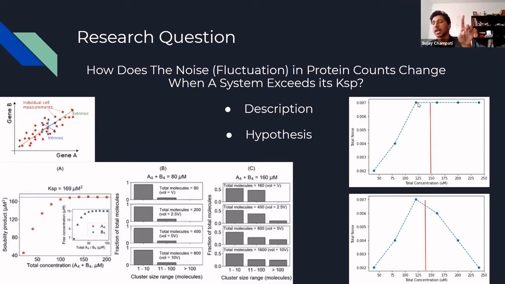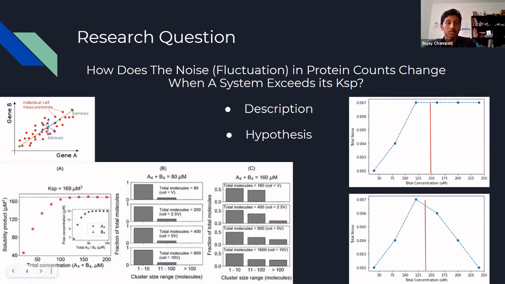It's going to go up, and then at that threshold, where liquid-liquid phase separation happens, it's going to plateau, or it's going to go up. And then since the paper proposed that it's a mechanism to reduce noise, it's going to go down.